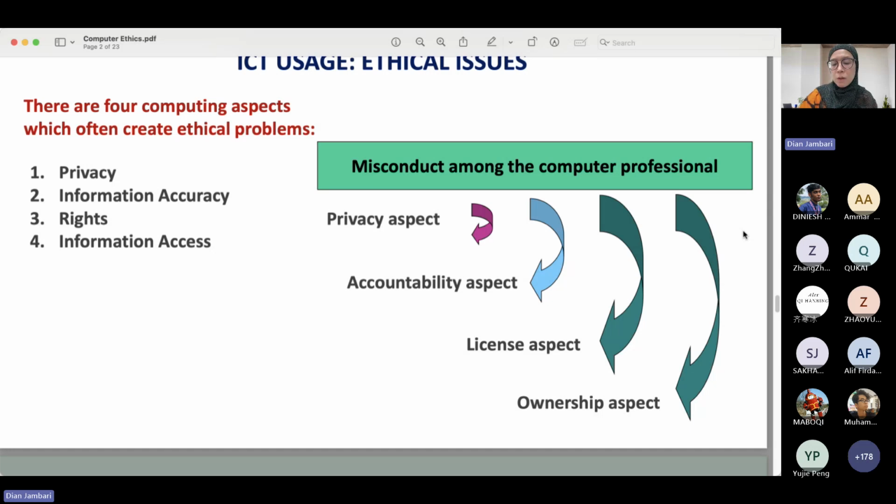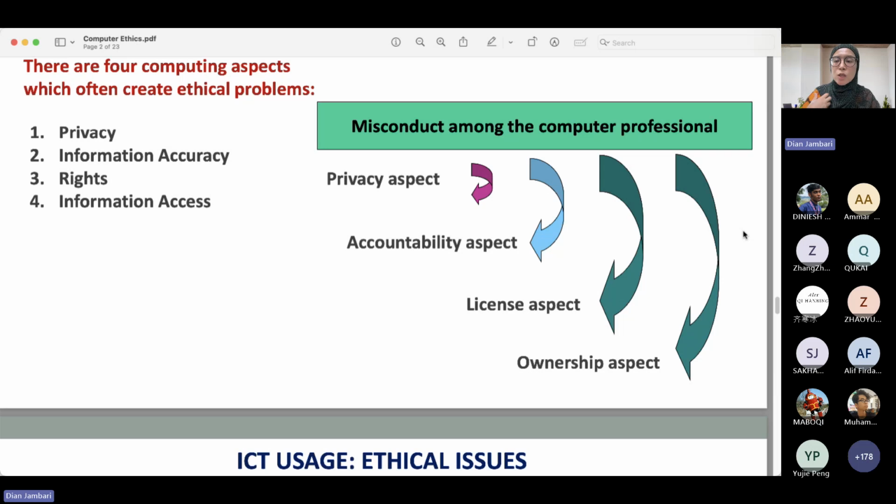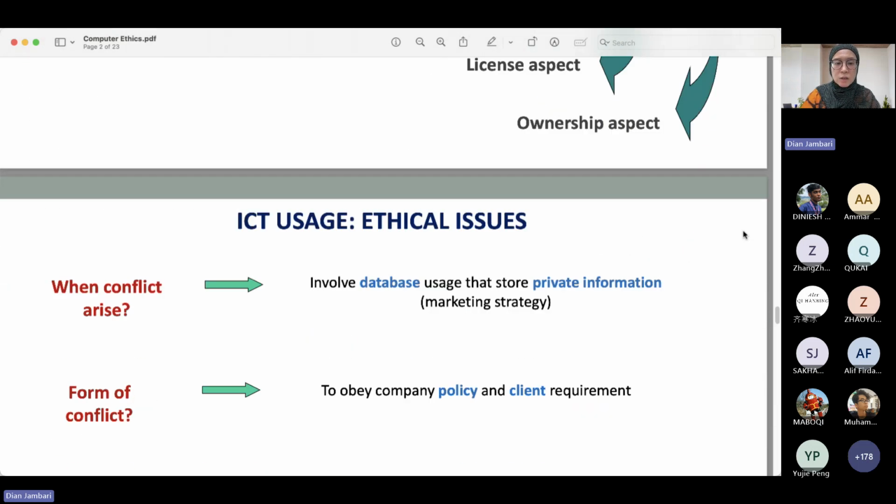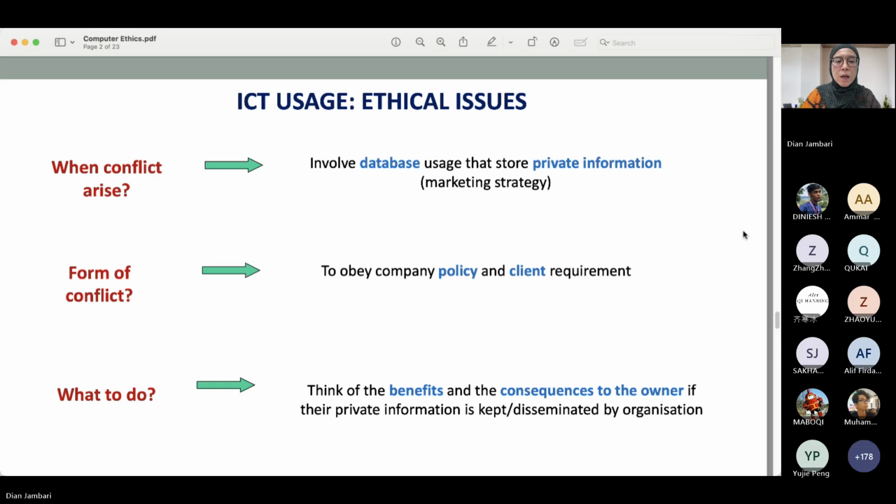Okay, so we're going to look in slightly more detail at some of this misconduct that can happen as we perform our duties and responsibilities as computer professionals. So an example of privacy or accuracy of information.